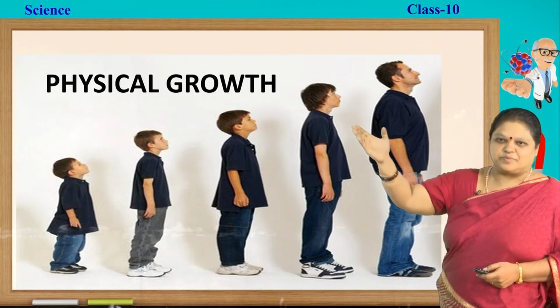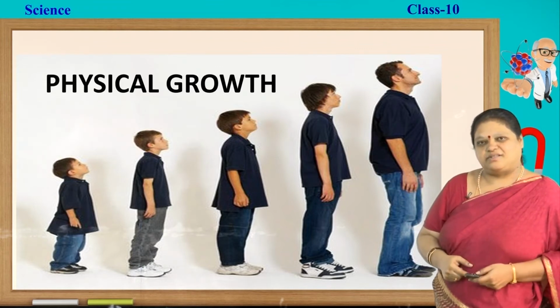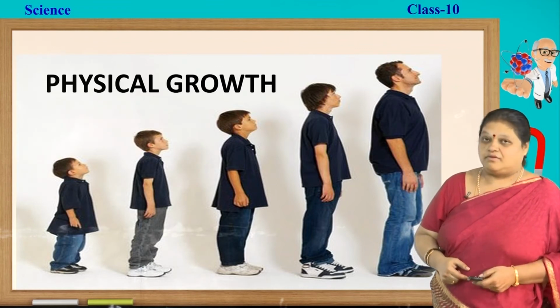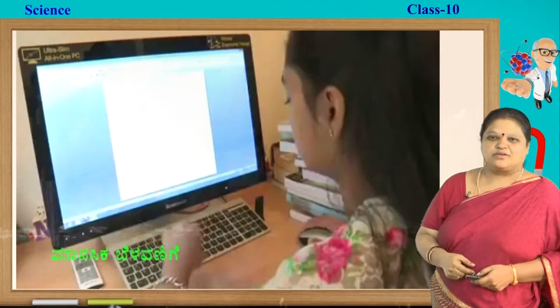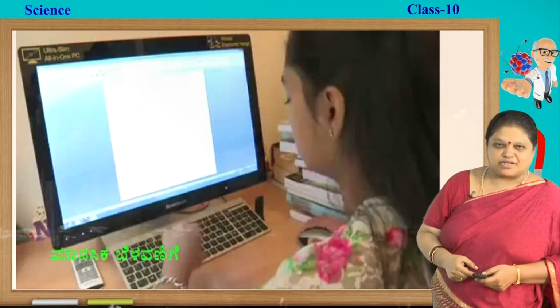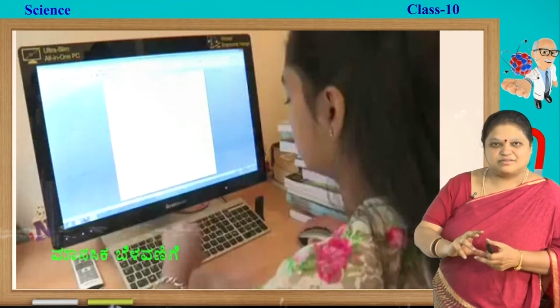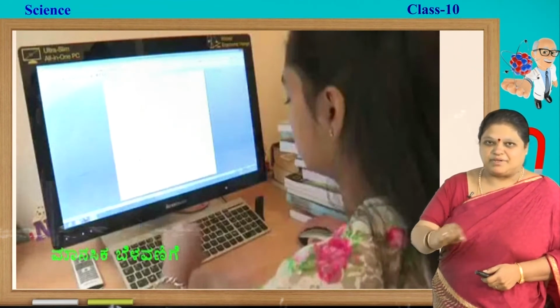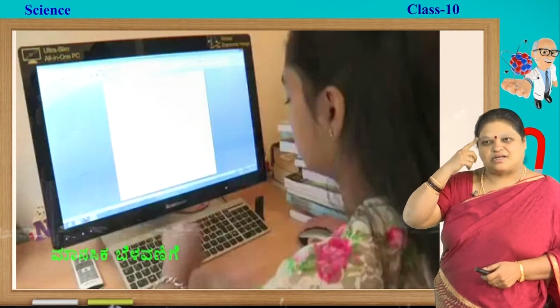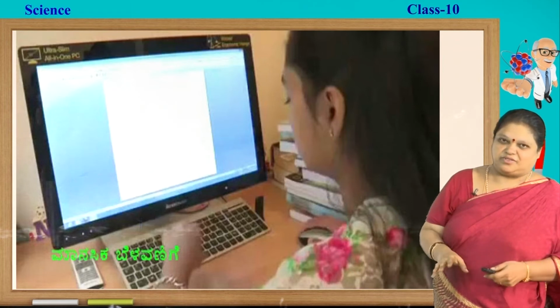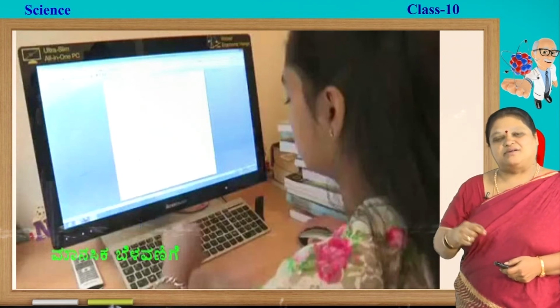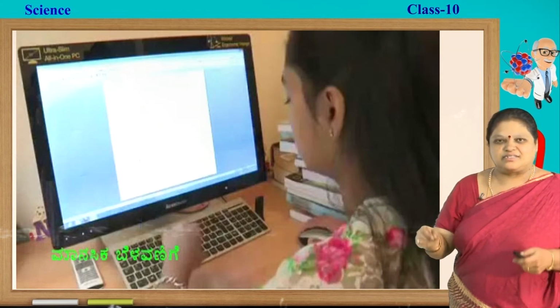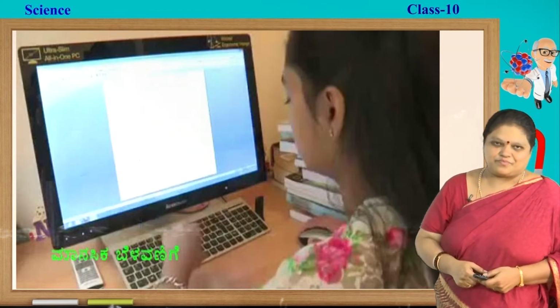You can see the picture here, it helps in the growth of the human being. Not only physical growth, it also helps in mental growth. Working with a computer, playing Rubik's cube, playing chess, all those are works of the brain. Whatever you think, everything is mental growth. So, it controls all that is responsible for growth.